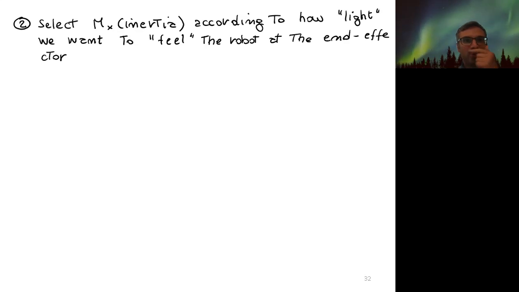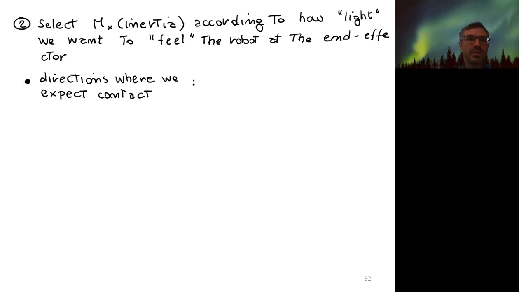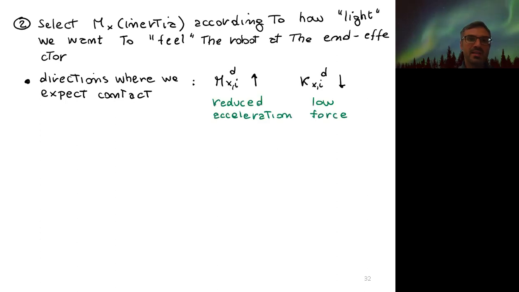Then the inertia, how to select the inertia. We can select inertia according to how light we want to feel the robot at the end effector. Especially if we know the direction where we expect the contact, we set a higher impedance to reduce acceleration and a lower stiffness to reduce the impact forces.